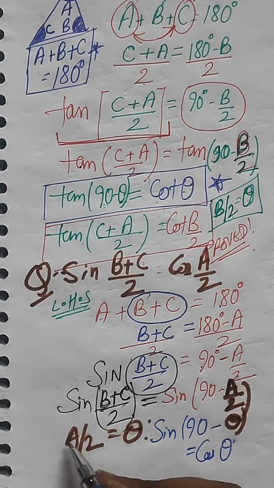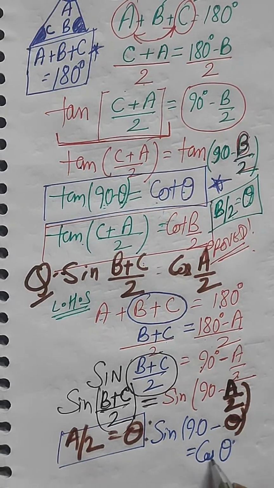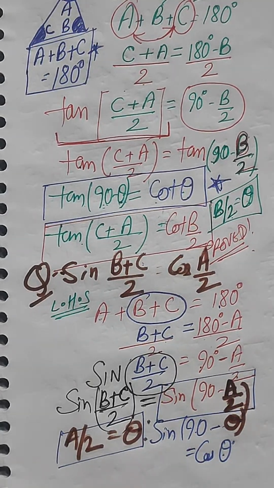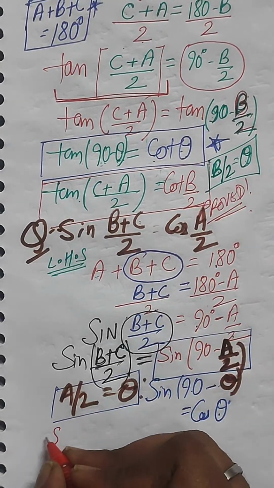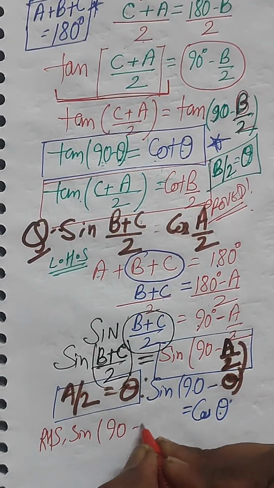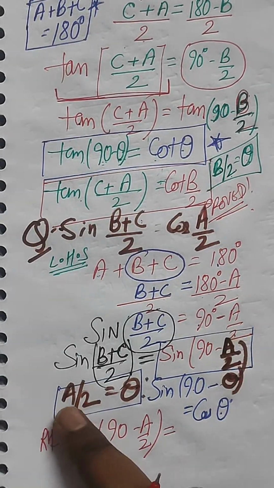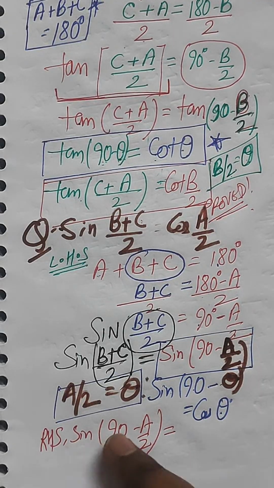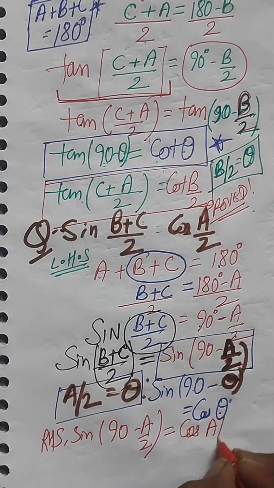Similarly, here if theta equals a by 2, then can we write sine of 90 minus theta equal to cos theta? Then this RHS, sine of 90 minus a by 2, using the formula sine 90 minus theta equal to cos theta, will be equal to cos a by 2, right?